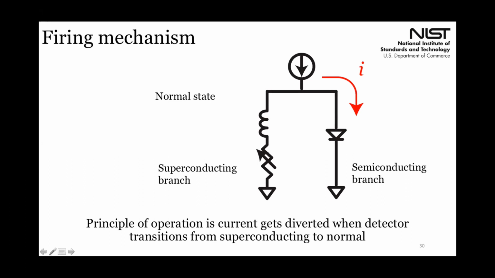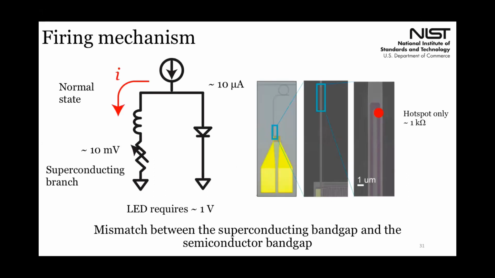So in principle, that's great, but in practice, if you use a typical superconducting nanowire detector for this, when the superconducting branch turns normal, you only generate about a kilo-ohm hotspot. So do a little bit of math. Typically you bias it with around 10 microamps of current, and so that leads to around 10 millivolts of voltage.